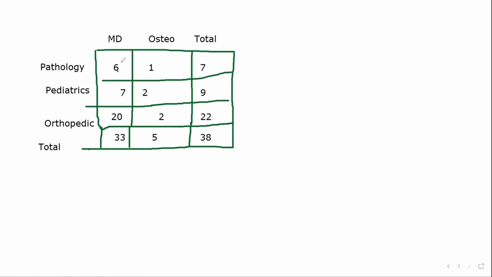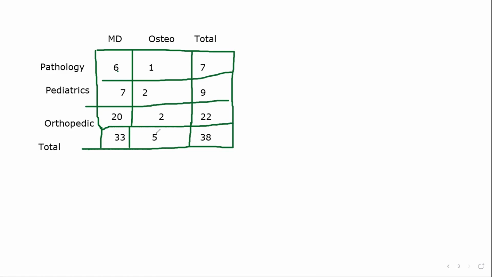6 pathologists out of 33? Okay, that's the total number of MDs. Oh, but the total number of people is 38, so use that. There will be times when we do use this column number or this column number. Those are conditional probabilities, coming up in 4.3.